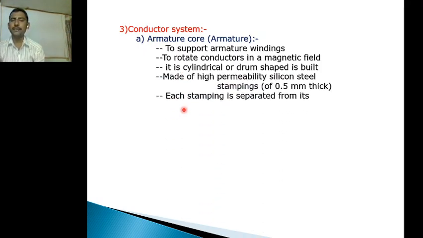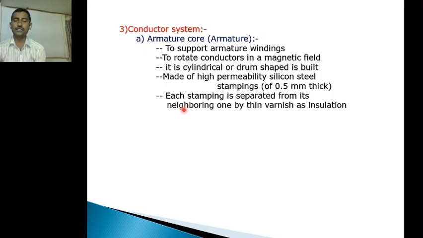It is cylindrical or drum shaped, and normally made up of high permeability silicon steel stampings. The thickness of those stampings is 0.5 millimeter, and each stamping is separated from its neighbor by a thin varnish as insulation. That means in order to reduce the eddy current losses, which we will also see in our future classes, the stampings are separated by insulation, and that insulation is the varnish.